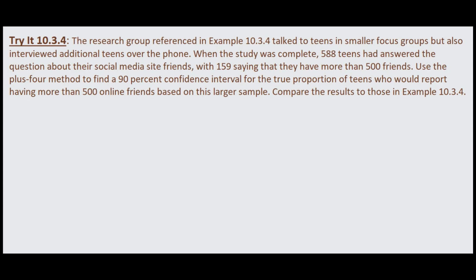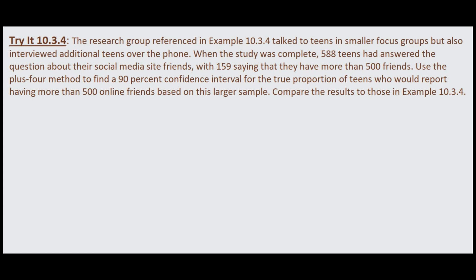But we're told that the same research group talked to teens in smaller focus groups, but also interviewed additional teens over the phone. When the study was complete, 588 teens had answered the question about their social media site friends, with 159 saying that they have more than 500 friends.